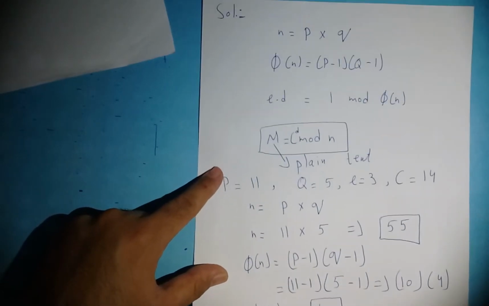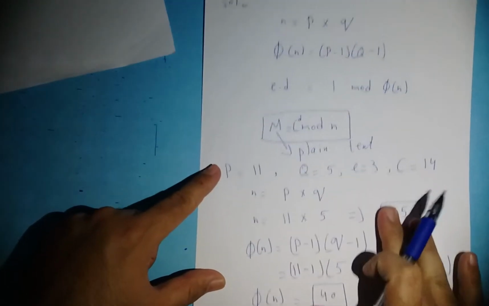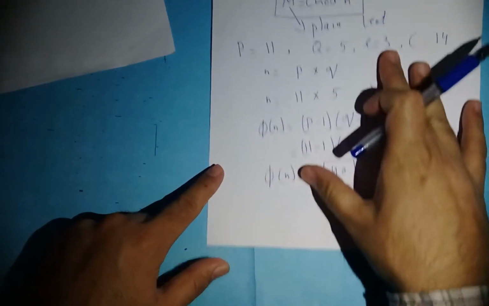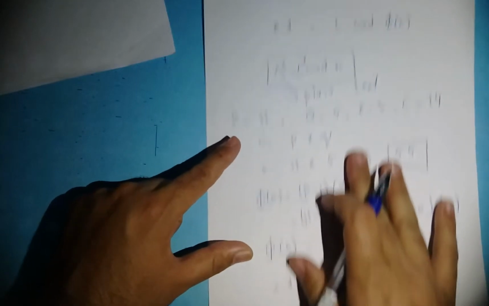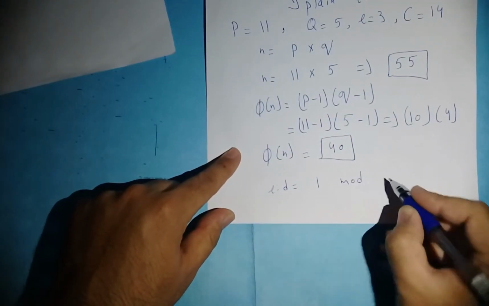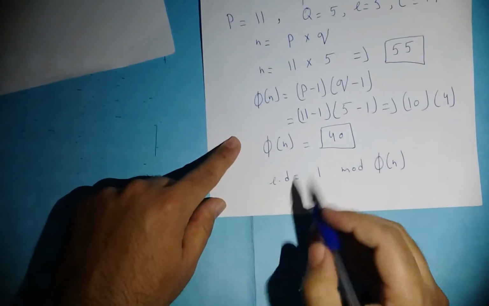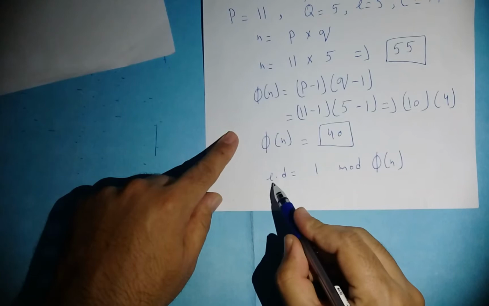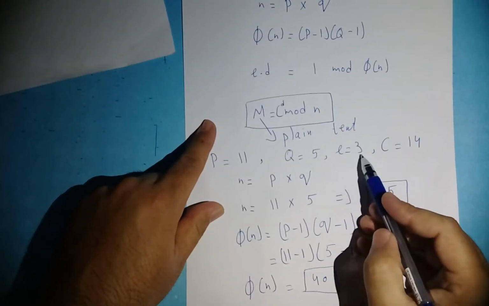Now in the last step I have to find out the value of D. First of all I write the formula of D over here, E dot D is 1 mod phi n. Here if you see there is E, which I've got because it is given in the question.